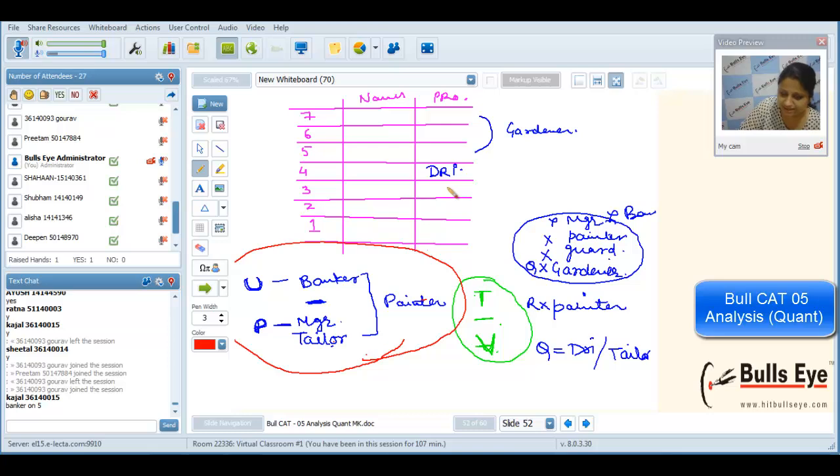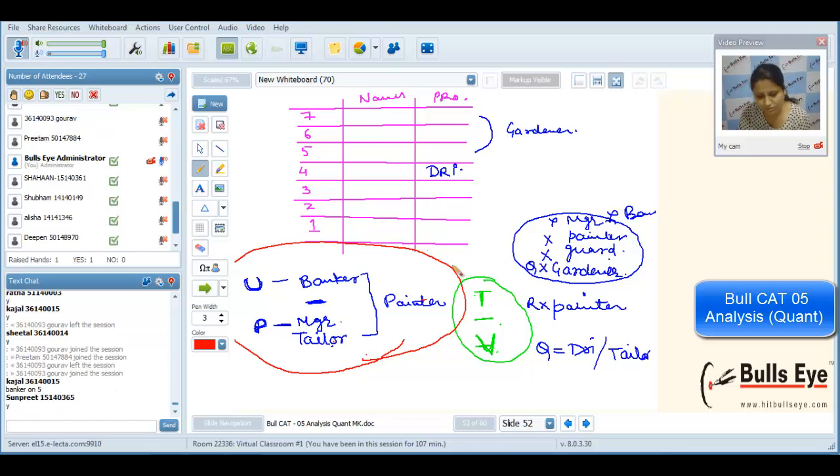Again, tailor cannot live on 1st floor. Why? Because if tailor is living on the 1st floor, banker should be on the 4th floor, which is not so in this case, because on 4th floor there should be a driver. Is it okay with you, guys?